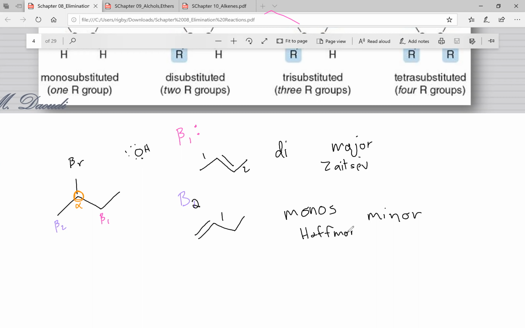A lot of the time, the Zaitsev product will be your major product. However, in some special cases, the Hofmann product will be our major product, and that happens when we are using a big bulky base. Again, this is because of steric hindrance.